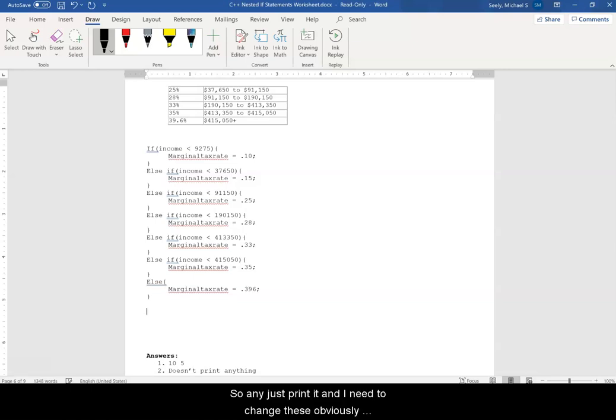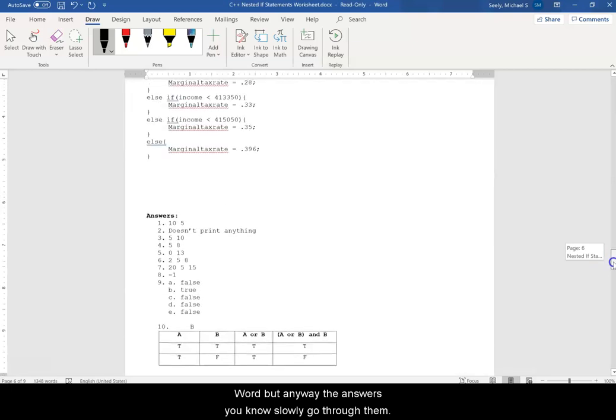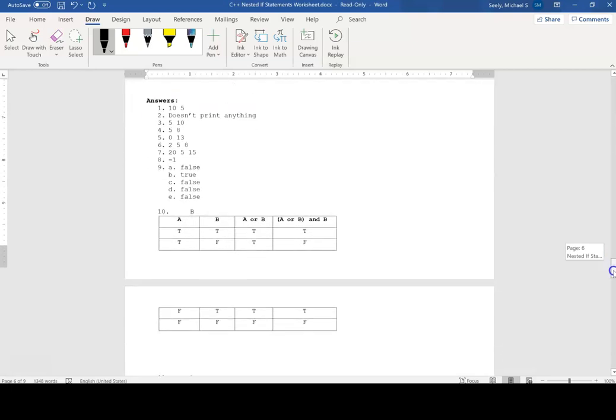Okay, and then you just print it, and I need to change these obviously to lowercase, but thanks for bearing with me. I didn't want to open up Visual Basic just to do these problems that I can type out in Word, but anyway, the answers, I'll slowly go through them.